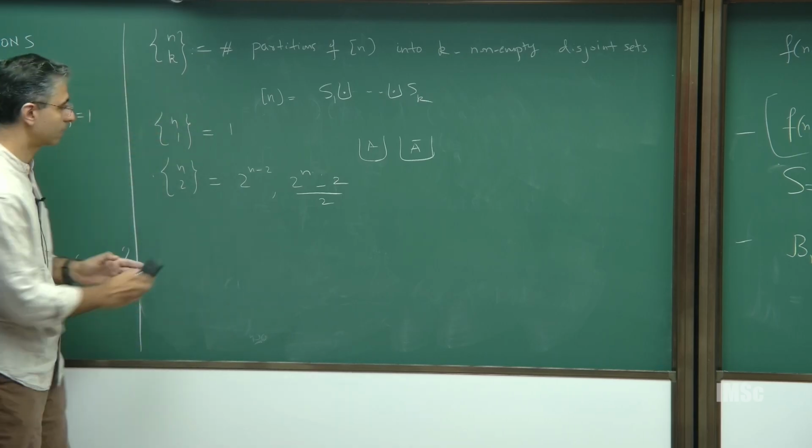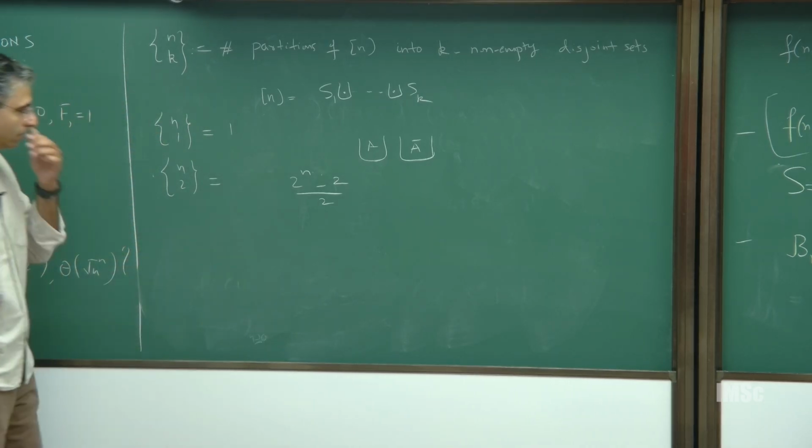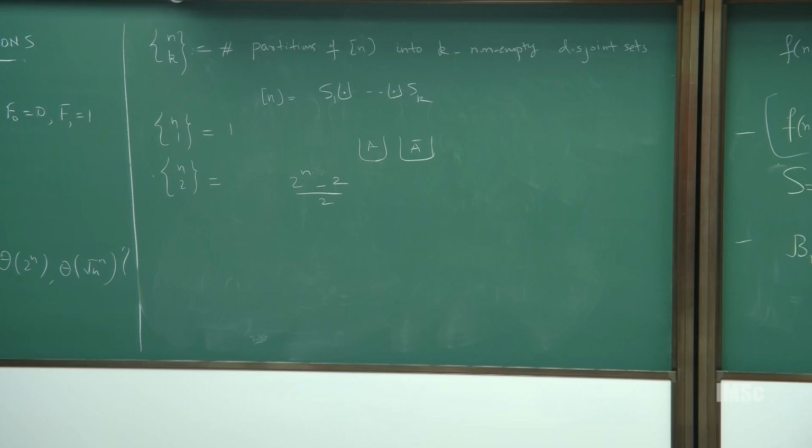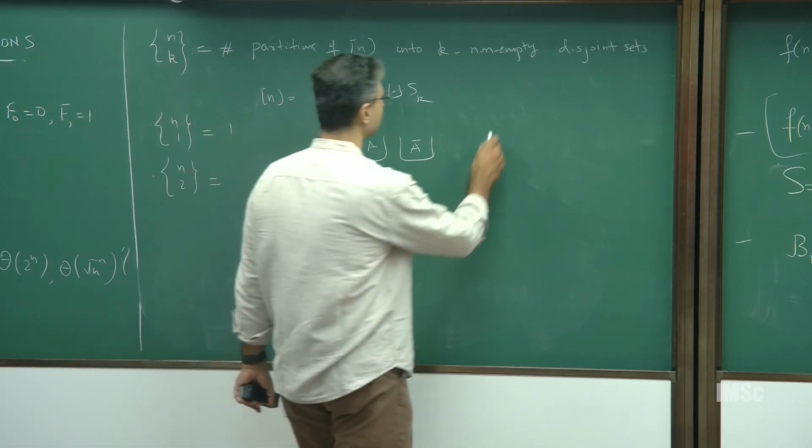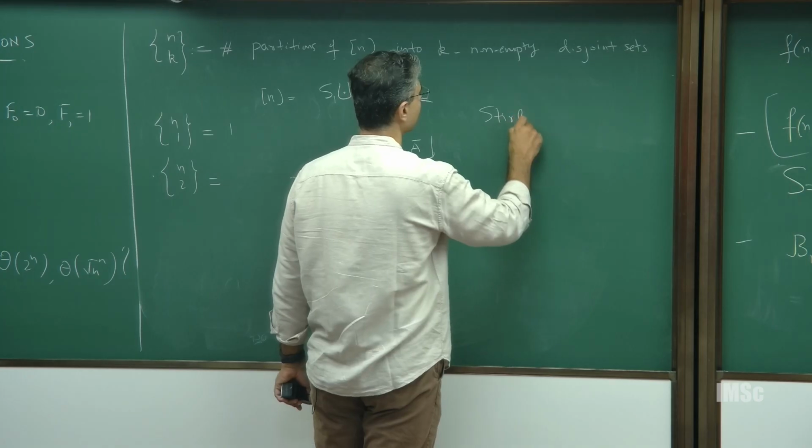It is a huge number, and compared to n choose 2, this is right out of the window. In fact, these are called Stirling numbers of the second kind.